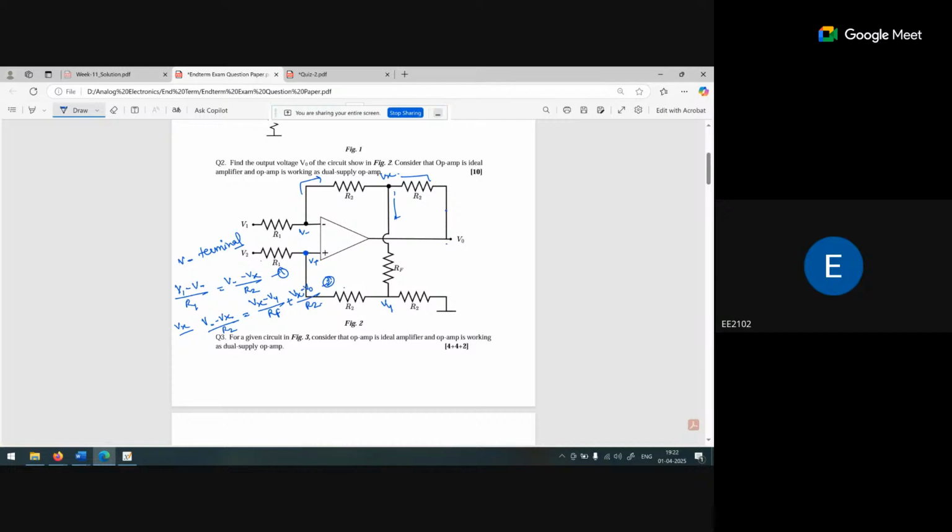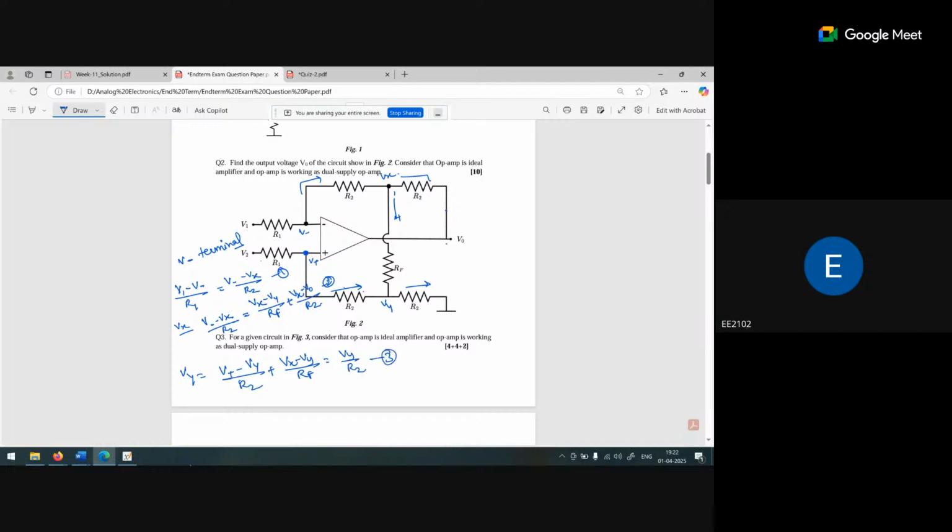Okay. Similarly, if we apply the Vy terminal, so what is the Vy terminal? So V positive minus Vy upon R2 plus the current that is coming from this way and going in this direction, plus Vx minus Vy upon Rf is equal to Vy upon R2.